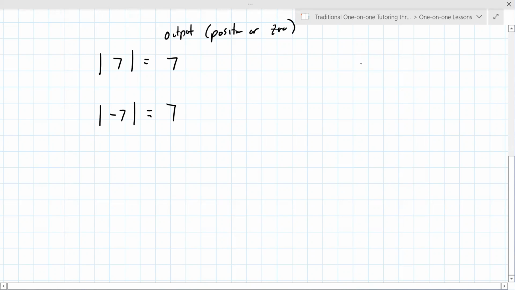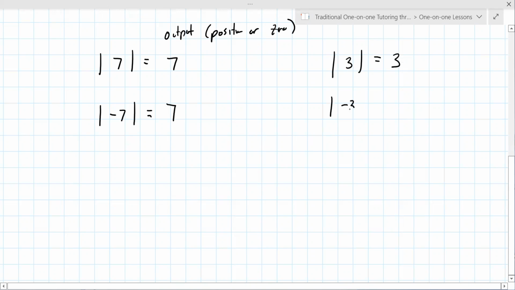It's not your fault. The absolute value of 7 is 7. The absolute value of -7 is also 7. Absolute value always returns a positive number. The output on the right here is always positive or 0. So if I ask you for the absolute value of 3, you would say 3.